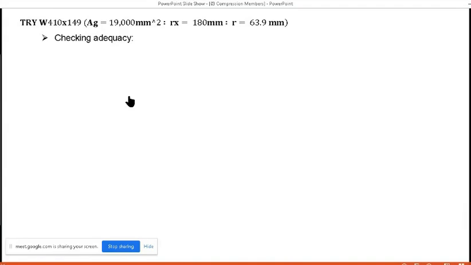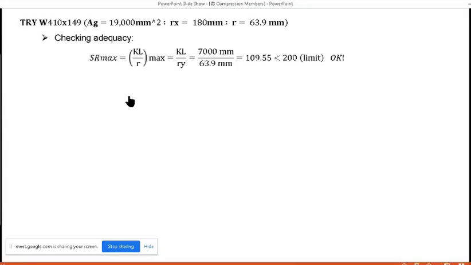And to identify the type of column, we need to solve our effective slenderness ratio and compare it with our critical slenderness ratio. So our effective slenderness ratio maximum, ito yung value natin, that is 109.55. And if we compare this with our limit, which is 200, okay siya.